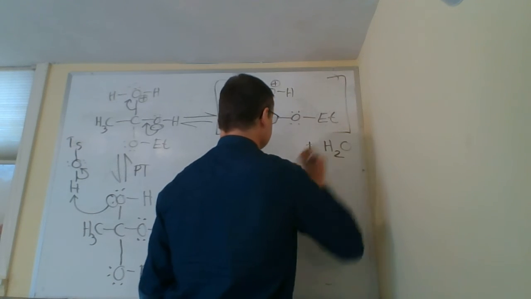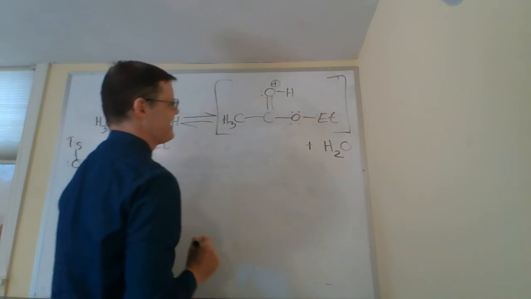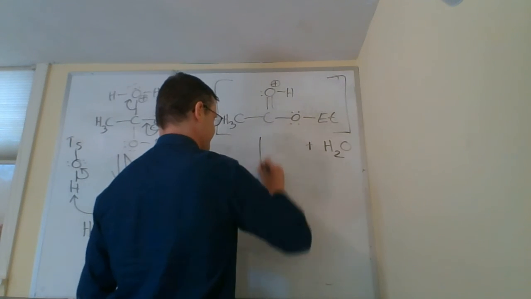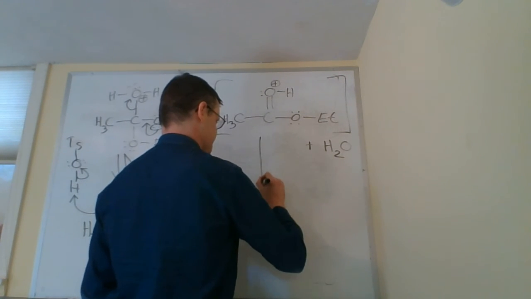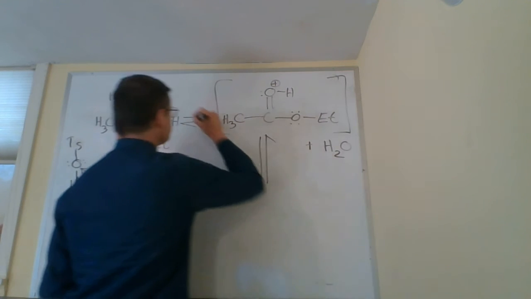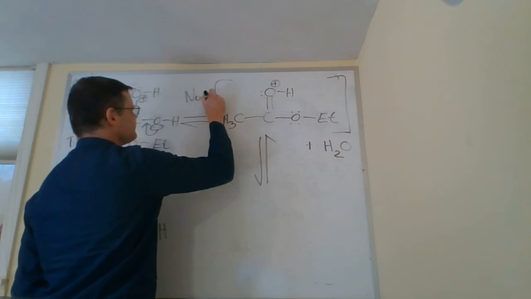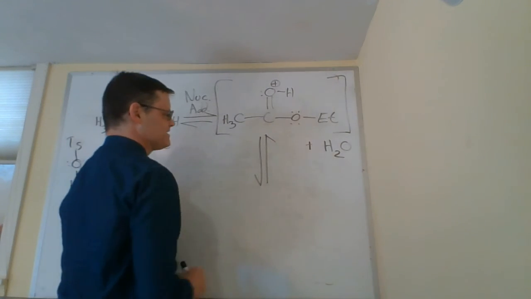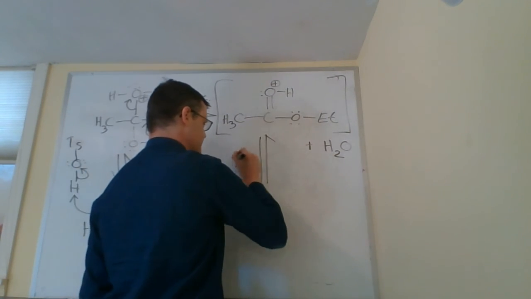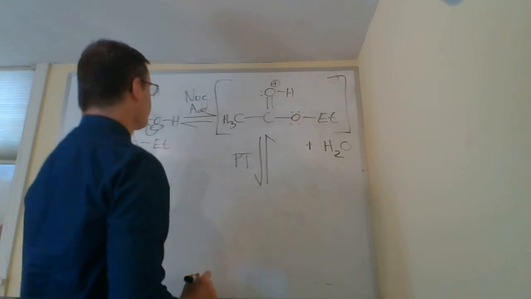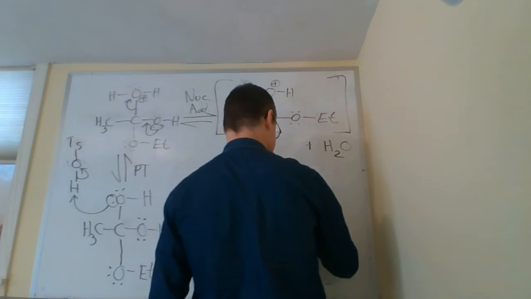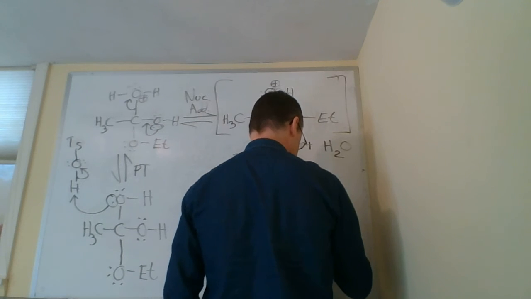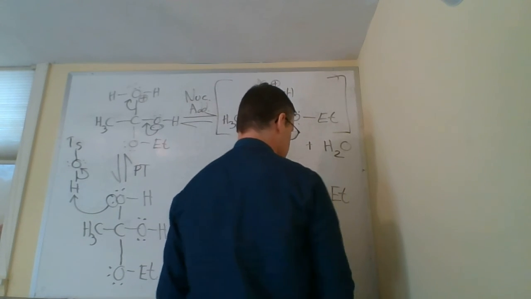Okay. And then, ran out of space on myself. Trouble. Okay. So this was a nucleophilic addition. All right. And then our last step, we're going to remove that proton through a proton transfer. And I'm going to use ethanol to do this. We could also use the water. All right.